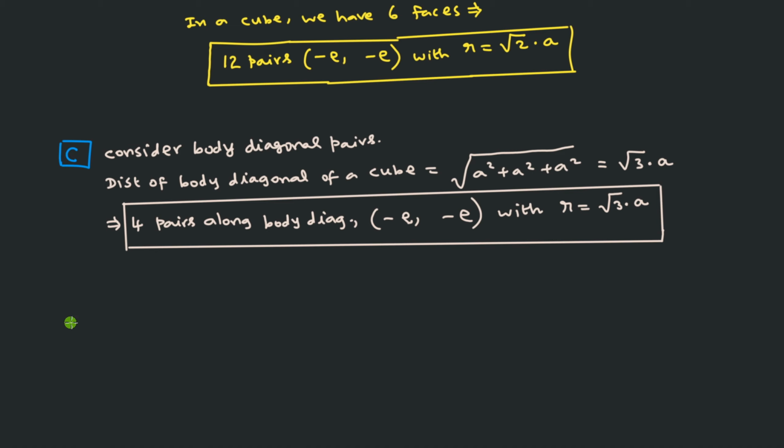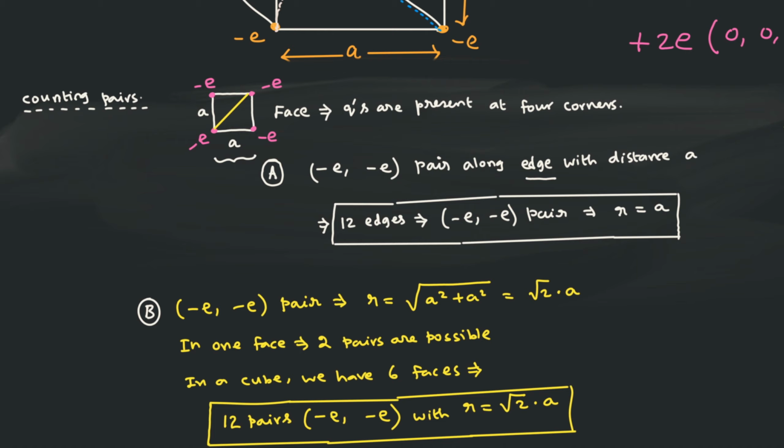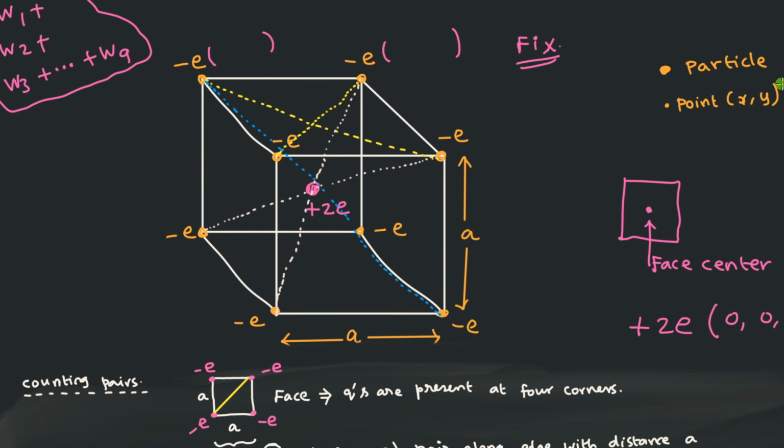Okay. Then now let us consider the positive charge, because the positive charge you have not at all considered in forming the pairs. So now if you consider the positive charge, how many pairs can we form? This is not difficult now.